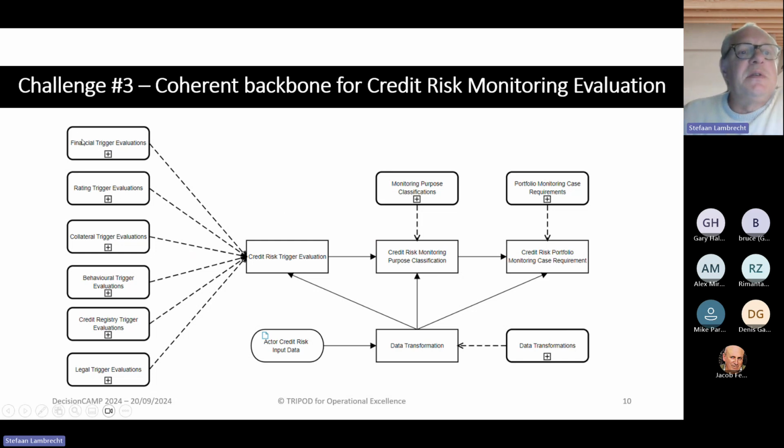Here you recognize all of the trigger categories that I earlier displayed, so the financial ones, the rating ones, etc. These all refer to underlying DMN models, and within each of these DMN models there is a decision service evaluating all the triggers within the category, and the logic for these triggers is built using BKMs, so business knowledge models, and all these business knowledge models are in fact contexts with box expressions.